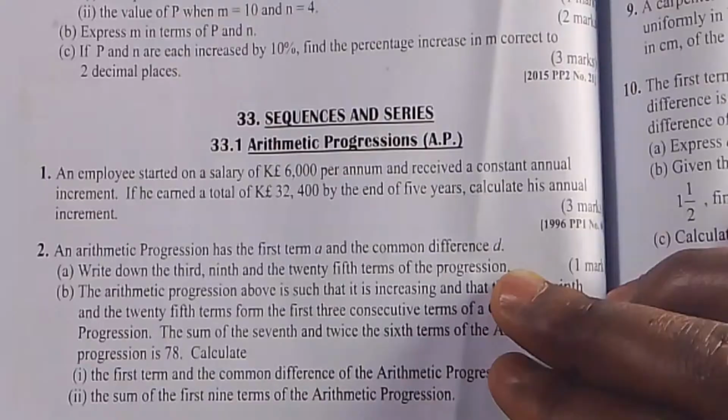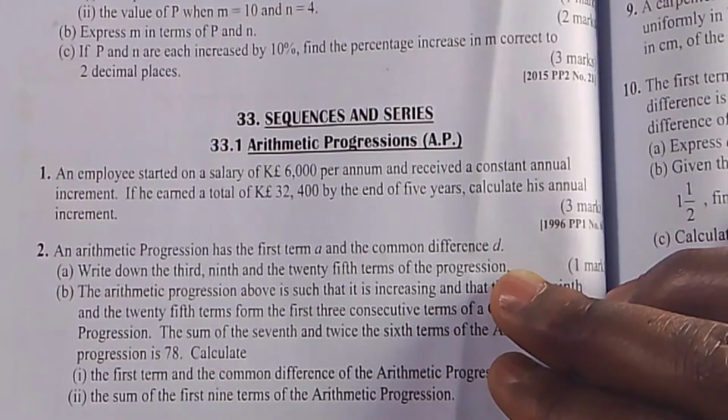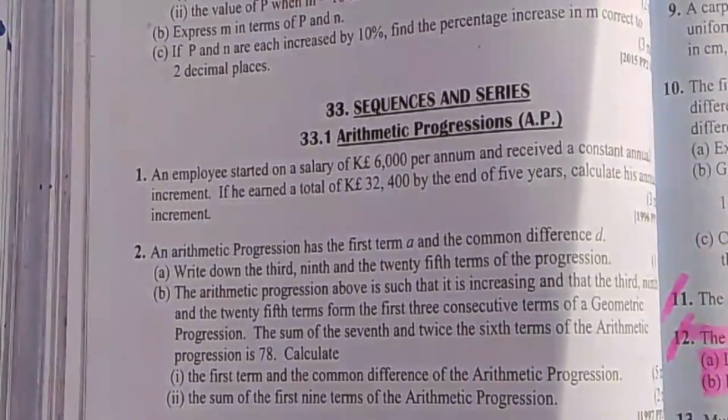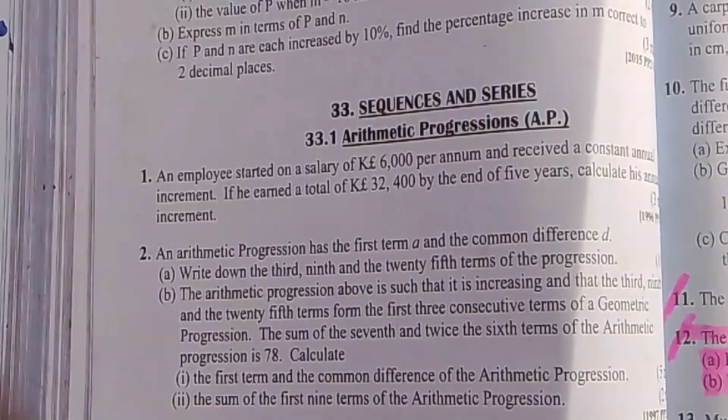If he earned a total of 32,400 by the end of 5 years, calculate his annual increment. Andikeni hilo swali mbio. Mkimaliza kuandika mniambie.